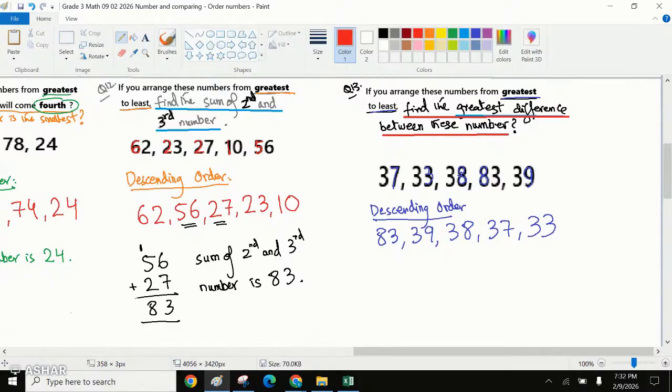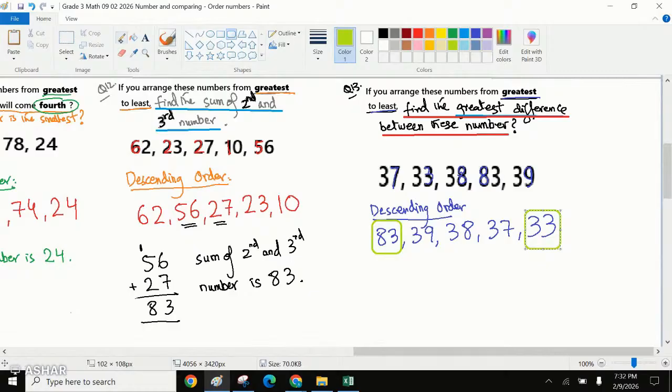The greatest difference would mean, see, when we are arranging the numbers in the order of descending, right? That means this number is the largest number and this number is the smallest number, right? Agreed?